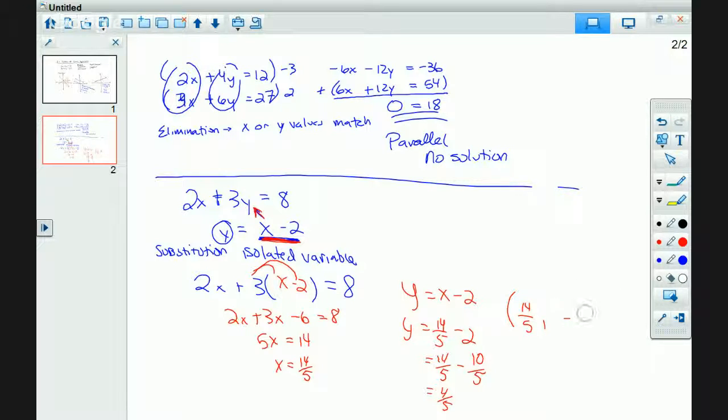Yeah. Got it. That's your answer. One solution, it's a point on a graph. X, Y. Better? Good?